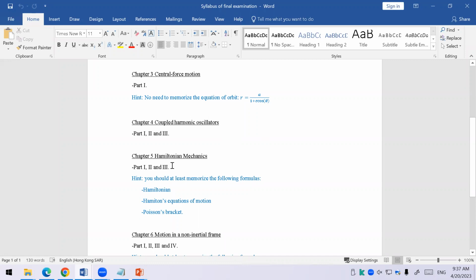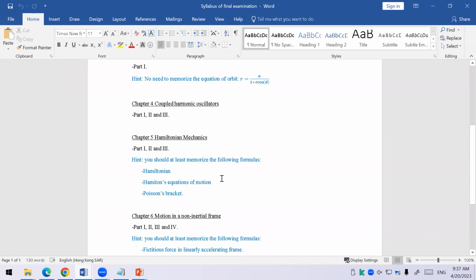Part 4 is excluded. I've already told you that when I taught that part. That part is about canonical transformation. Again, hints: you should at least memorize the following formulas or equations. The expression for the Hamiltonian, Hamilton's equations of motion, and Poisson brackets.